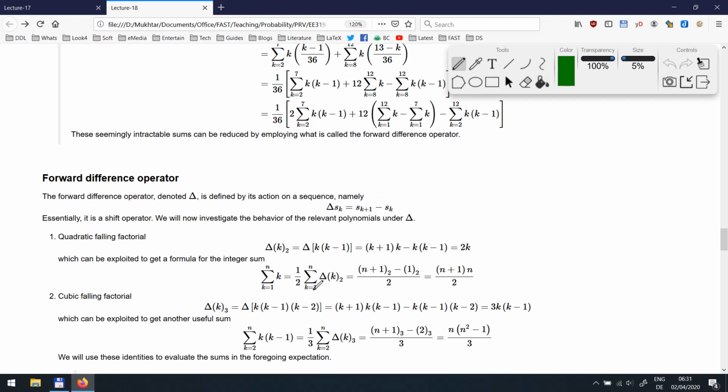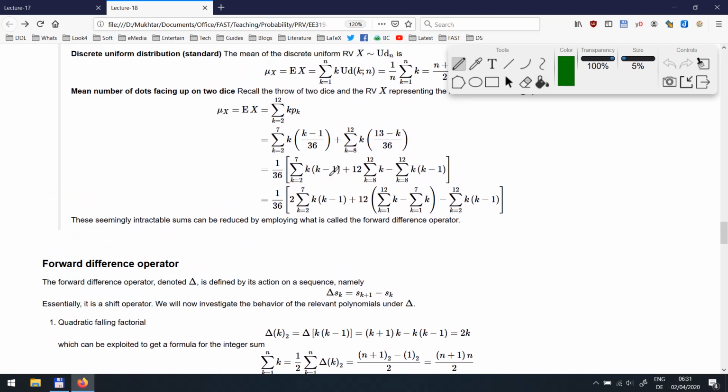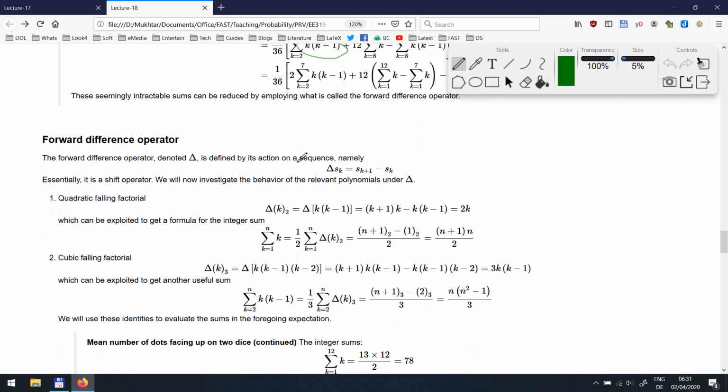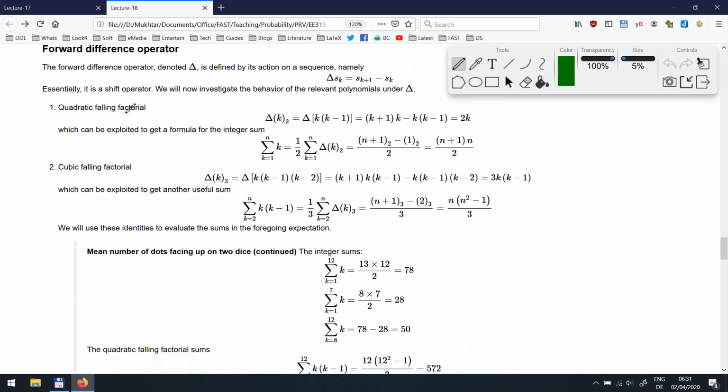Now let us apply this delta operator, this forward difference operator, to the types of polynomials we see in this expression. So let's apply it to the following factorial. Because the highest power here is k squared, I will call it the quadratic falling factorial.